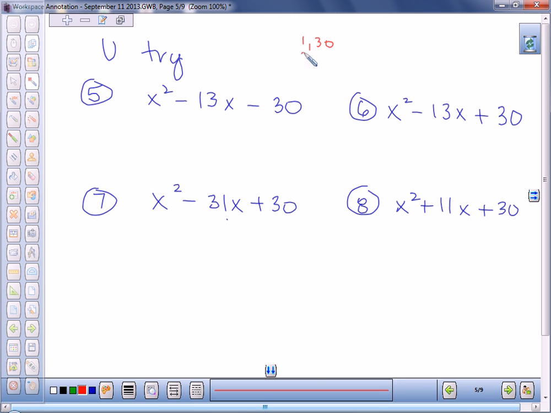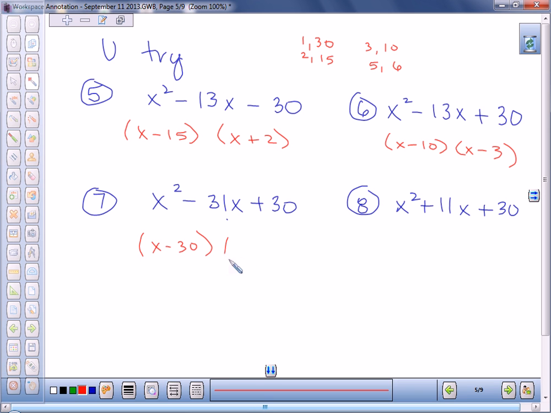So you thought of all the factor pairs really quickly, and that helped you go, ooh, for this one, I need a negative 15 and a positive 2. But for this one, I need a negative 10 and a negative 3. Whereas for this one, I need a negative 30 and a negative 1. But this one, I need a positive 5 and a positive 6.